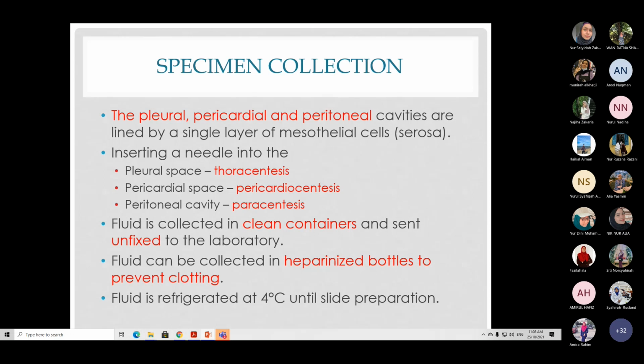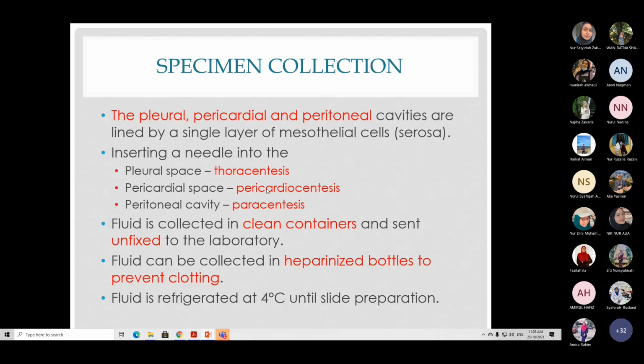And the specimen in these cavities can be collected through inserting a needle. Okay, if it is in the pleural space or pleural cavity, the method is called thoracentesis. And for pericardial, pericardiocentesis. And for peritoneal cavity, the method is called paracentesis.